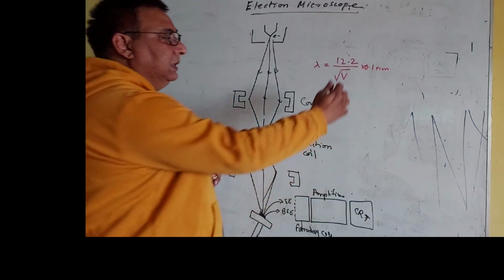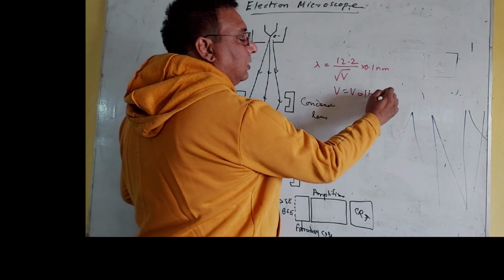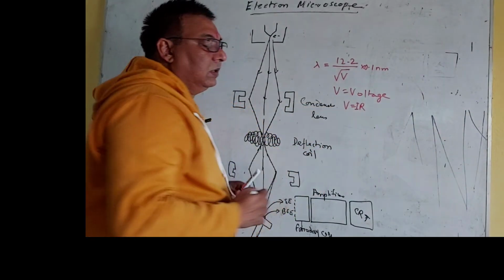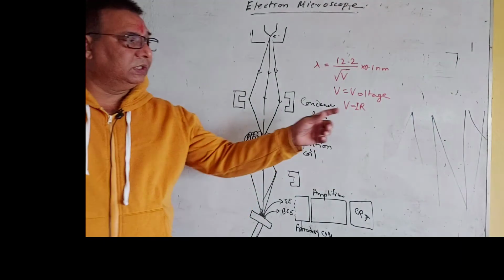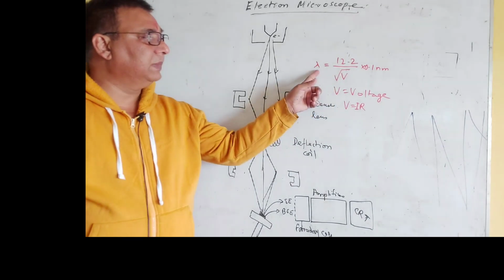V is voltage. And we know that V is equal to IR, I means current, R is the resistance. So if you increase the current, voltage will be increased. So when you increase the voltage, lambda will get decreased.